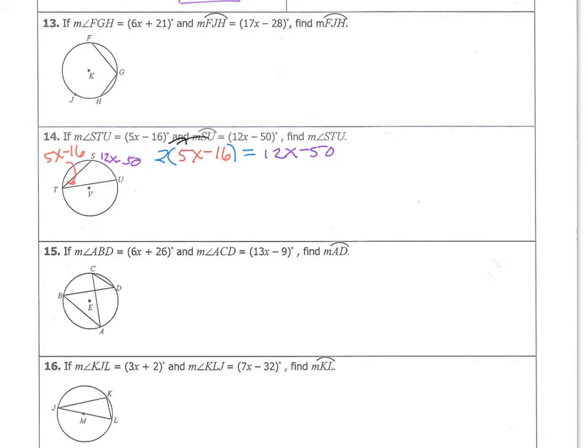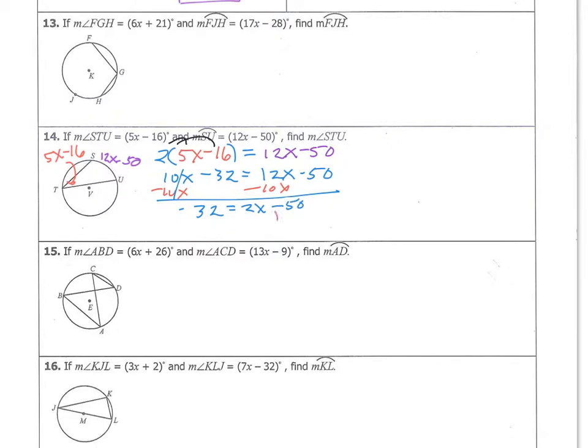So then we're going to distribute, and we get 10x minus 32 is equal to 12x minus 50. Subtract the 10x. And we get a negative 32 is equal to 2x minus 50.